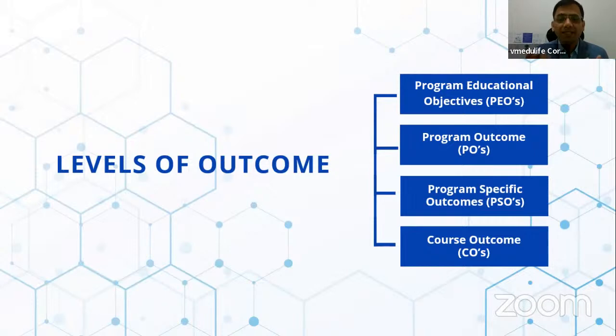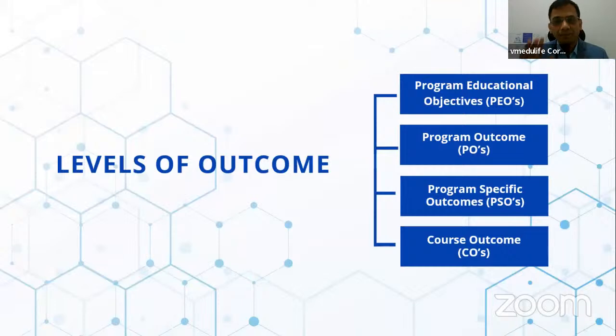PSOs are specific to my department: CSE, Triple E, ECE, mechanical, civil, instrumentation, production, etc. As engineering, there will be common statements, called POs, program outcomes. But as computer science and engineering, there will be specific outcomes tagged as PSOs.